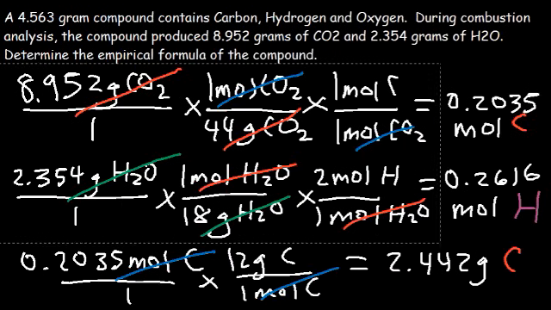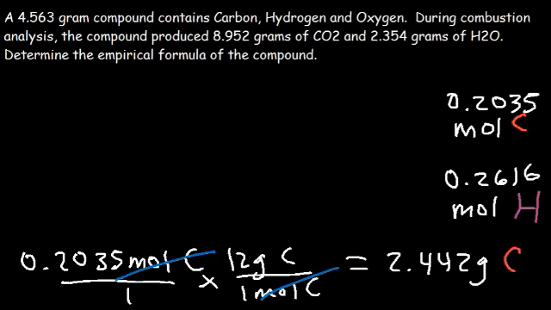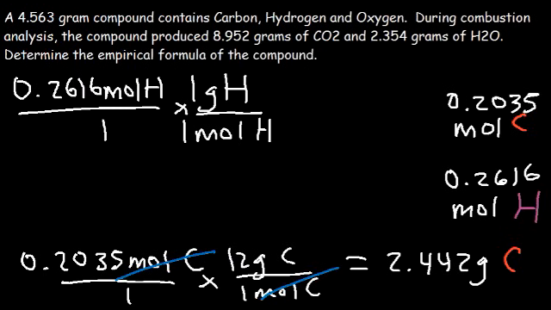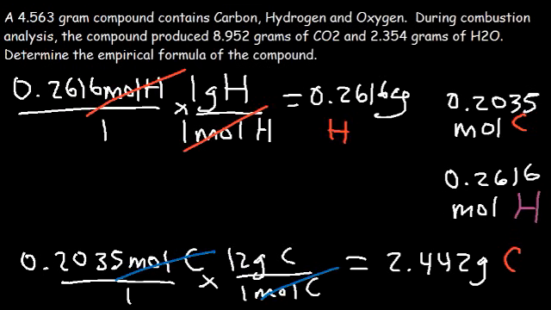Now let's do the same thing for hydrogen. So let's start with 0.2616 moles of hydrogen, and let's convert it to grams. So the molar mass of hydrogen is simply 1. It's 1 gram per mole. So this number won't change. So we have 0.2616 grams of hydrogen.